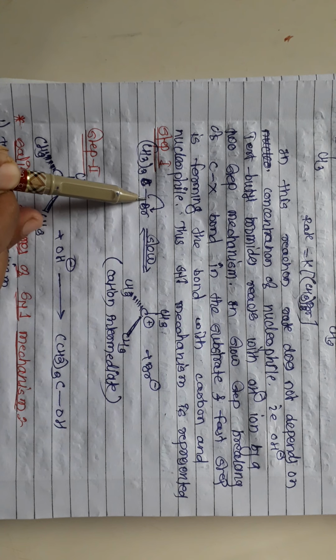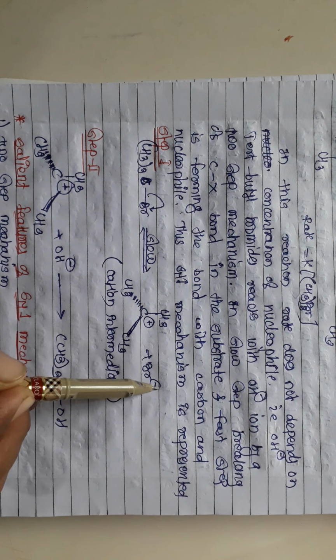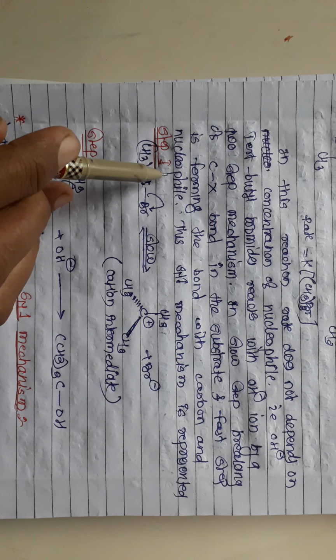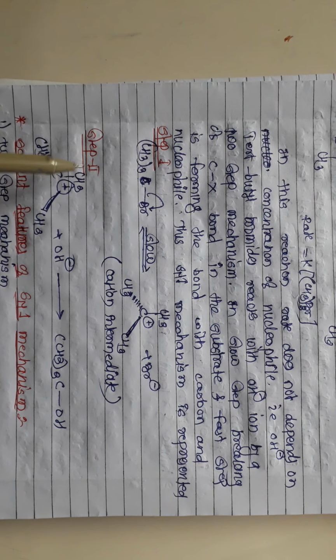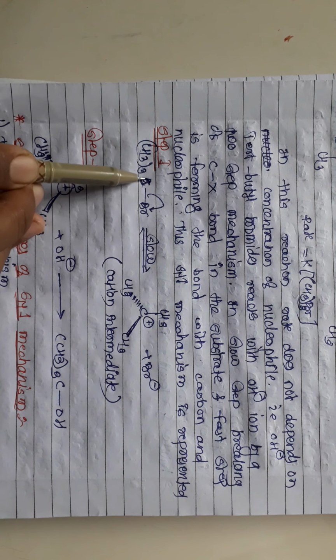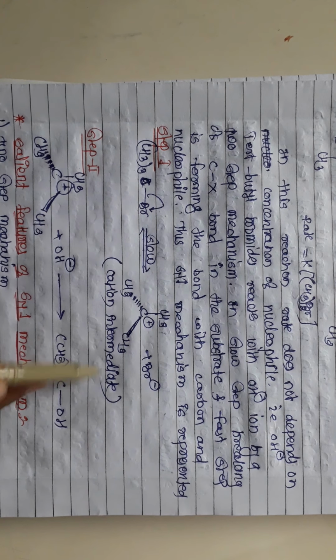This is the slow step, then comes the formation of bromide ion and the cation intermediate. The first step is the breaking of the C and halogen bond. This is the slow step, with formation of the intermediate.